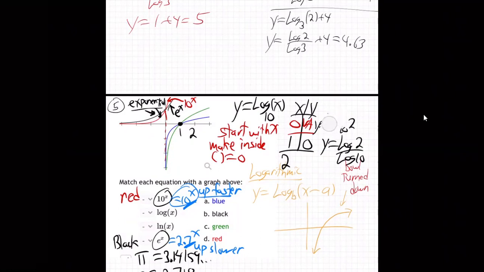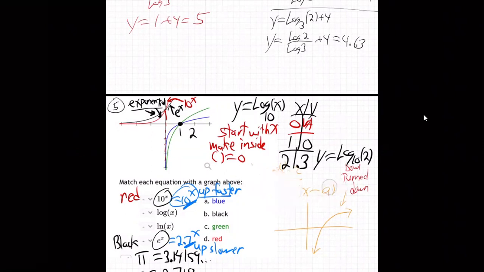We don't even need to. I mean, that'll work, that's true. But for base 10, we can just hit the button, right? Y is log base 10 of 2. Just hit the button. You don't need to make it 2 logs. You only need to do that when the base is not a button you already have on your calculator. But that one's a button we already have. Over 2, up 0.3.